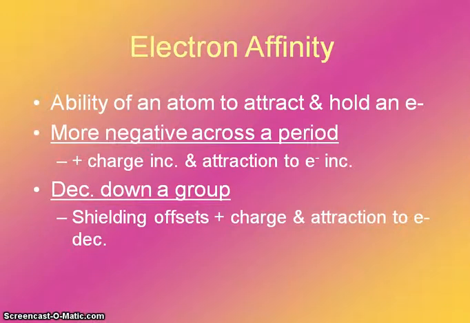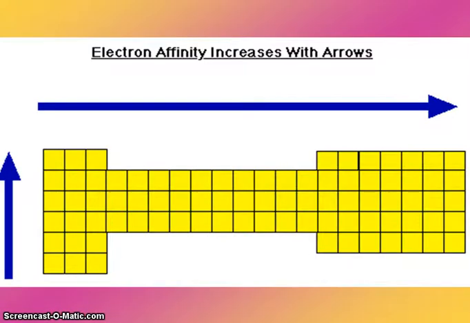So it becomes more negative across a period, and it also, like ionization energy, will decrease as you go down a group. That electron shielding helps to offset the positive charge from the nucleus, and that attraction to the electrons is going to decrease. So it won't be able to hold those electrons as tightly towards itself. So again, the electron affinity, as with ionization energy, will increase across a period and decrease going down a group.